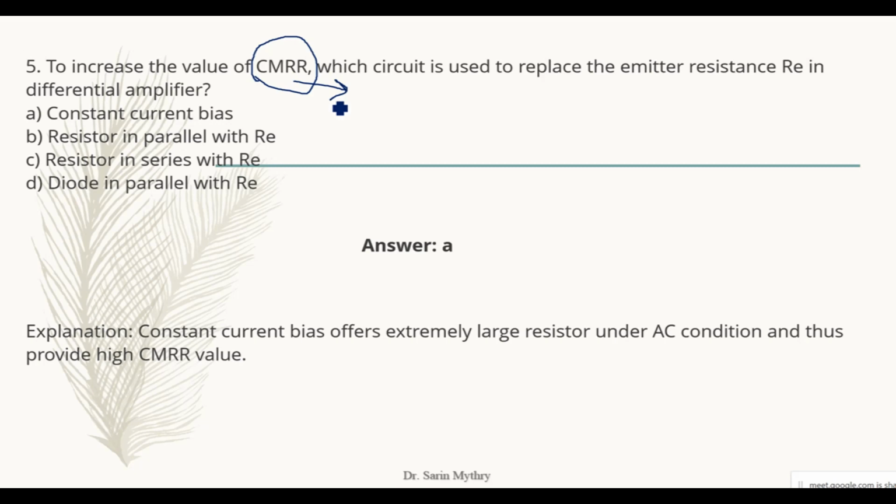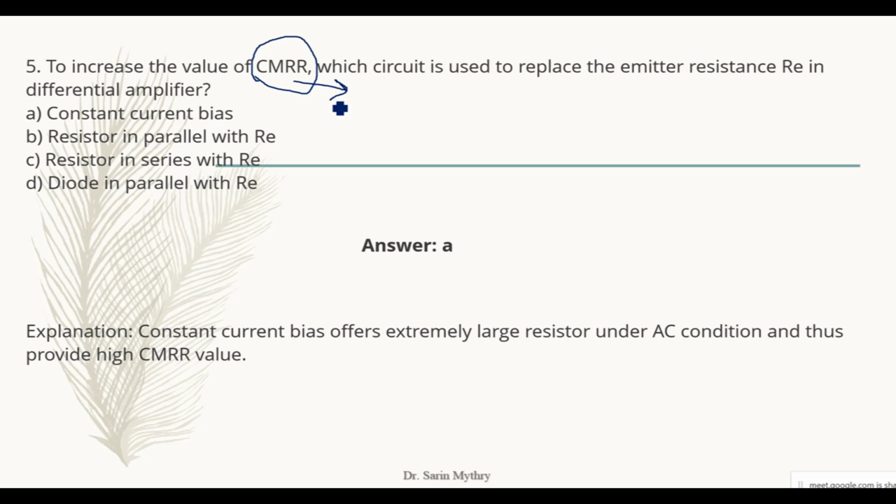Ultimately the noise will be inculcated into our input, and that noise also will be amplified because of the amplifying nature of the amplifier. So ultimately the output also will have some noise. Our main aim for the amplifier is that it has to reject the common mode signals. What are the common mode signals here? Common mode signals are nothing else but the noise signals which are present at the input side.